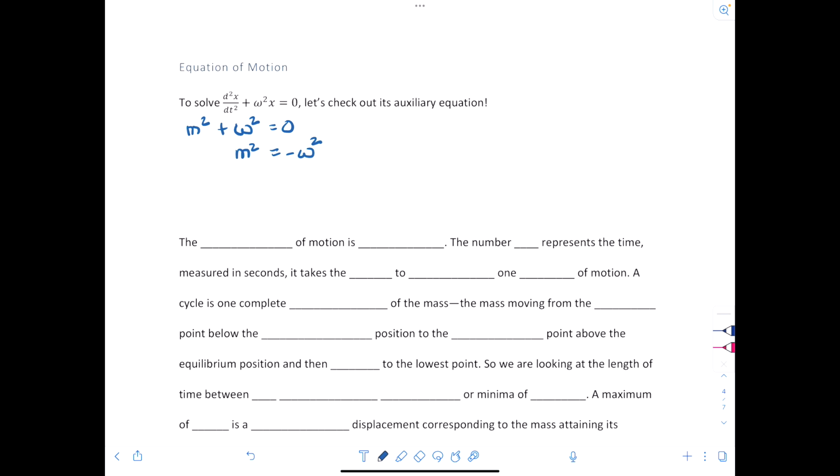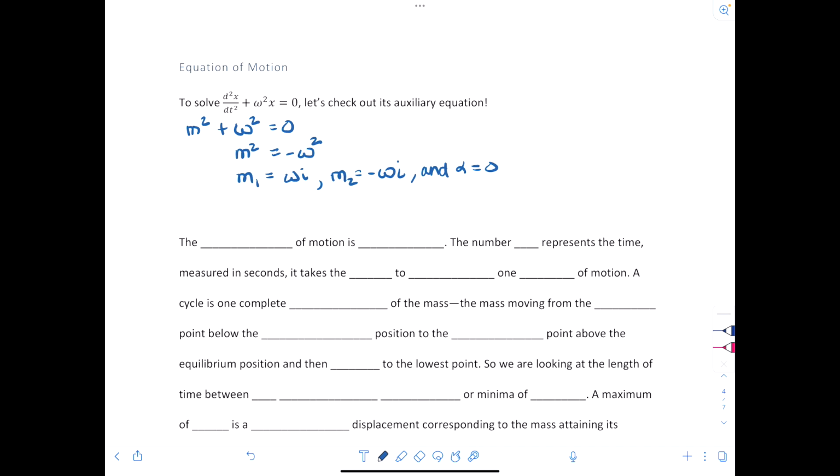And so m1 would be equal to omega i, and m2 is equal to negative omega i. So your whole imaginary number is basically going to have no real term, so alpha is equal to 0.